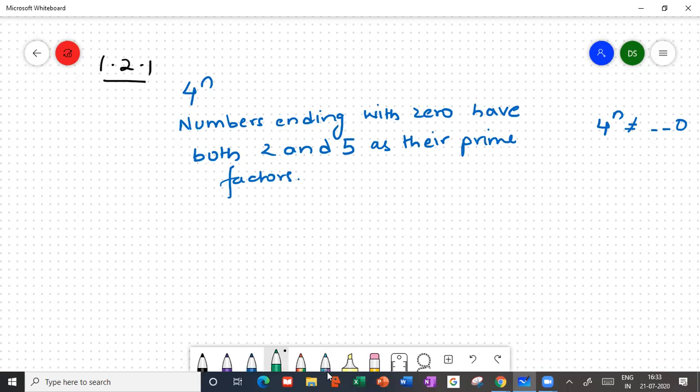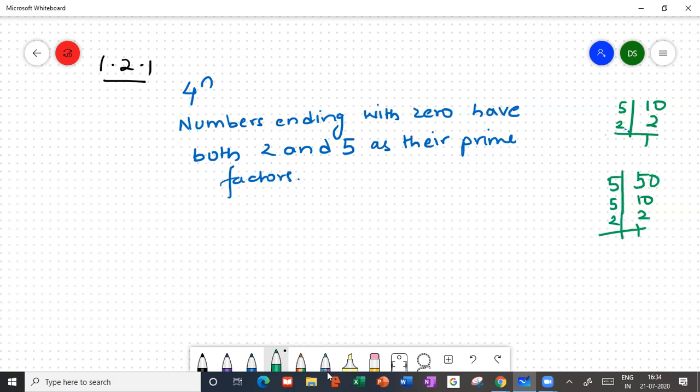If I take an example of, let's say, 10, obviously. Let's just start with something simple, maybe 10. So 5 twos are 10, and 2 ones are 2. So 2 and 5 are the prime factors. If I take, let's say, 50, so 5 tens are 50, 5 twos are 10, 2 ones are 2, right? So 2 into 5 square.